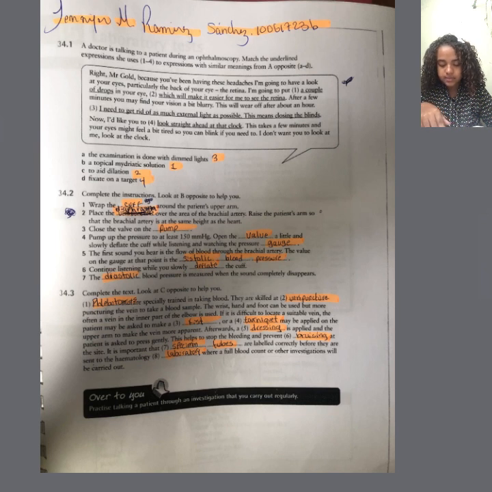Afterward, a dressing is applied and the patient is asked to press gently. This helps to stop the bleeding and prevent bruising at the site.